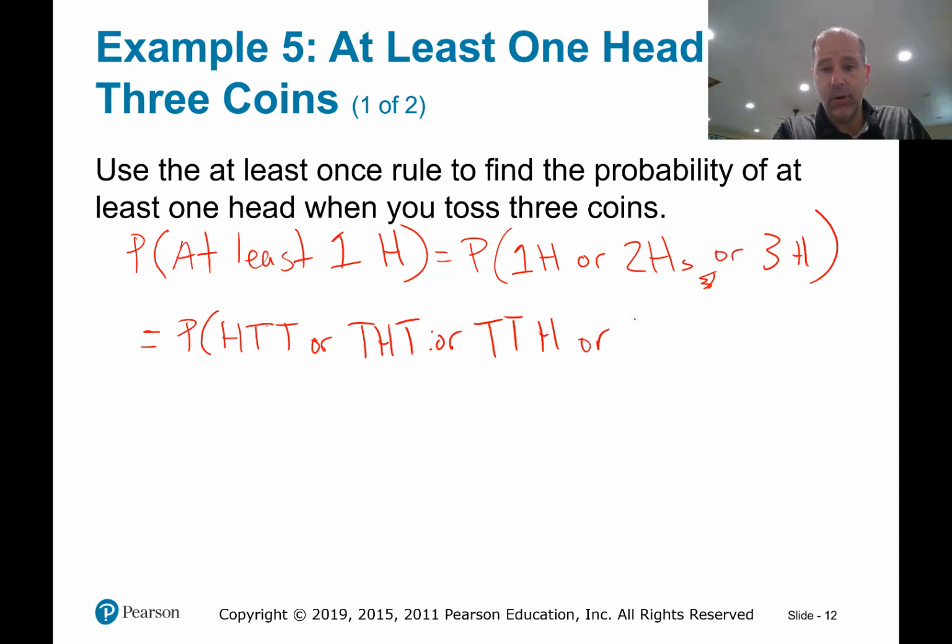So that means either heads, tails, heads, or, and you see what I'm going, right? So we'd have to calculate a lot of different probabilities, right?